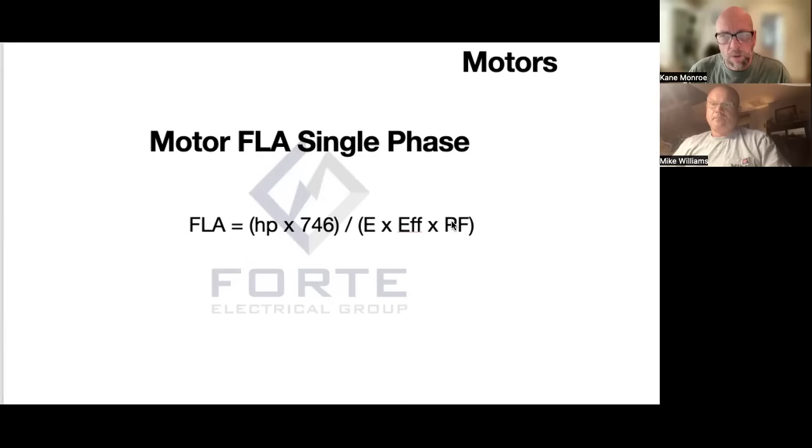So if you get something with efficiency and power factor, this is the equation you use. I make sure I take this equation in there with me, and I put it in my book.